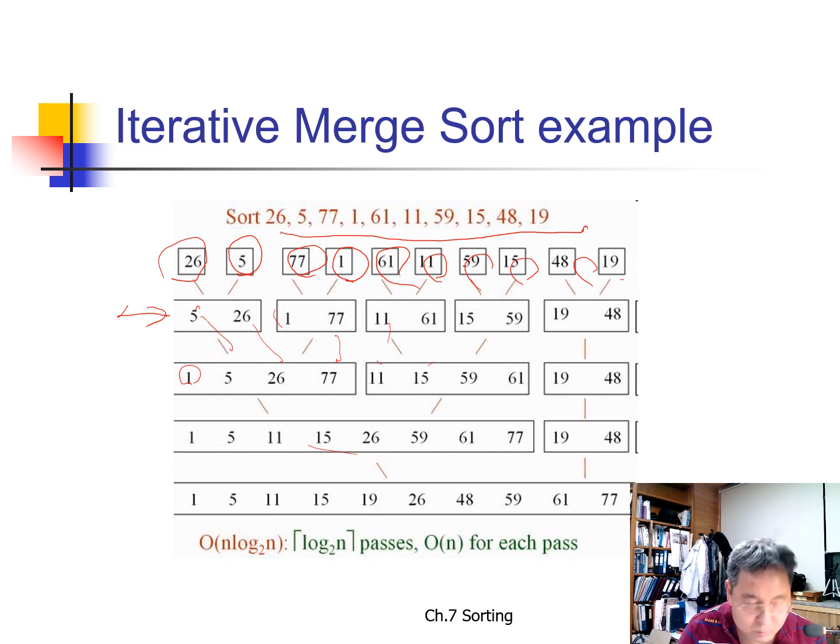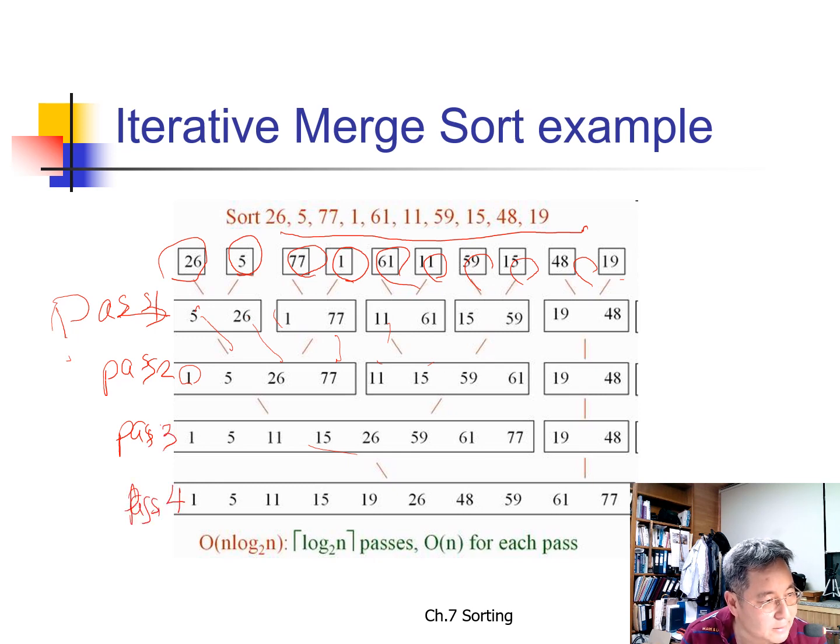So here, if we analyze time complexity, how many passes? This is path 1, path 2, path 3, and path 4.